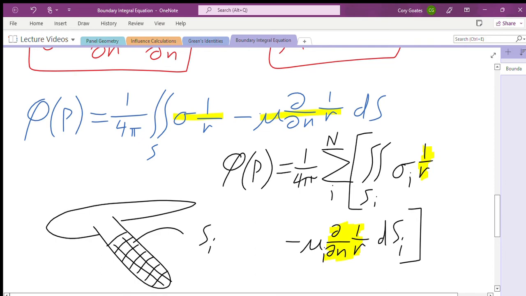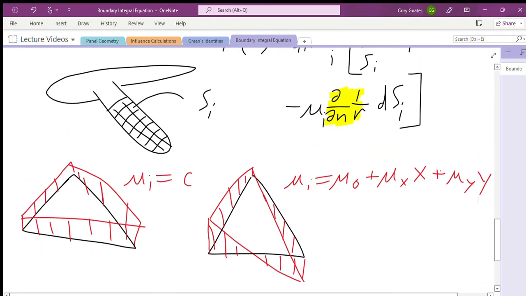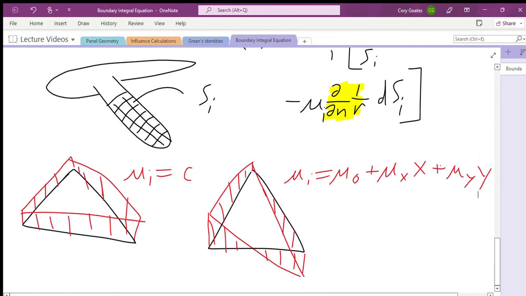What we're doing here is saying I want sigma or mu sub I to be some constant, or I want mu sub I to be some linear distribution, and we've introduced discontinuities. And we have to do that because we can't solve it exactly. We have to do this discretization, and we're going to approximate mu and sigma with these analytic distributions that we have.